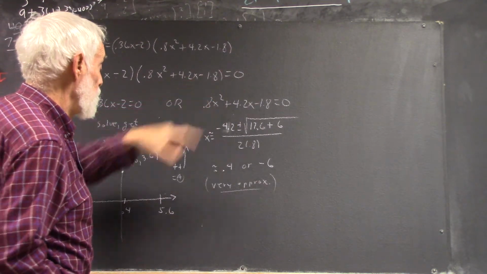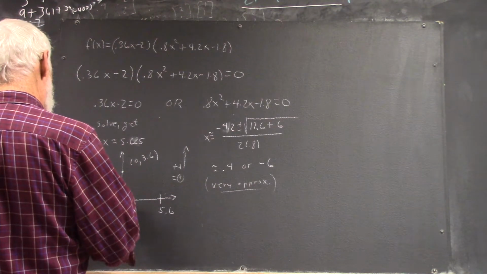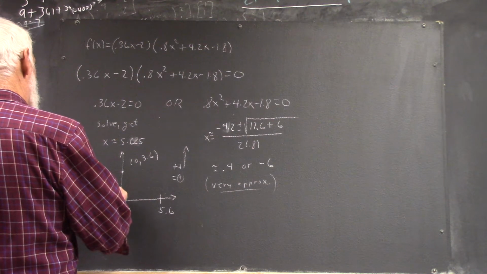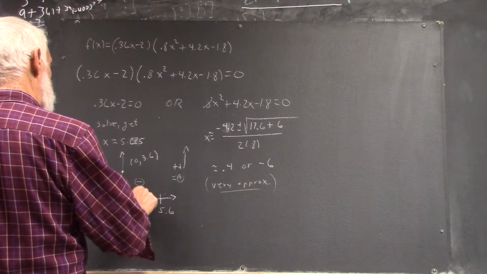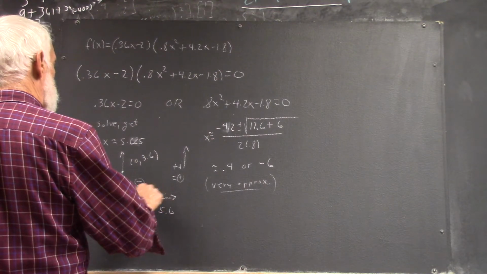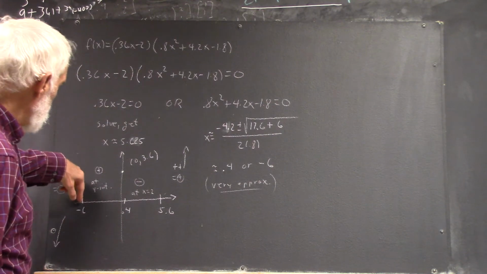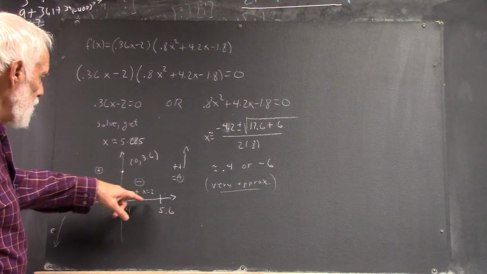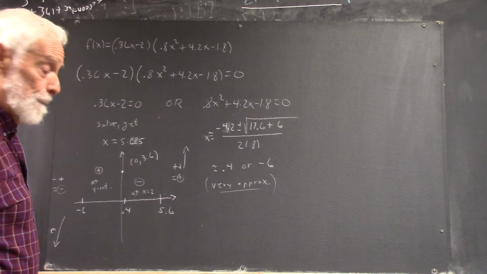It's going to be a lot bigger than 1.8, so it's going to remain positive. So now we know it goes from negative through this, positive from here to here, and then goes negative, and then it goes positive again. Okay?